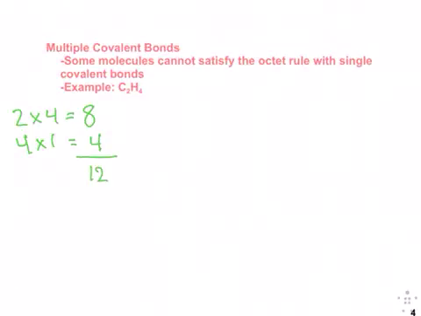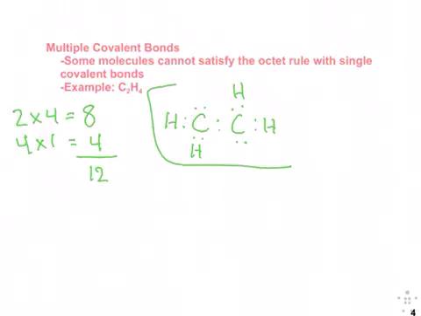But if we do everything with a single bond, and one of these would come from hydrogens, how many total electrons do we have to fill the octet rule? How many total electrons do we have in this drawing?